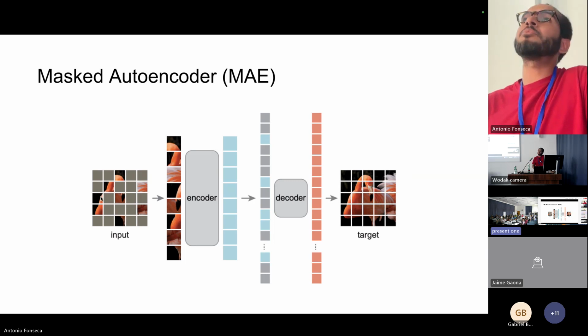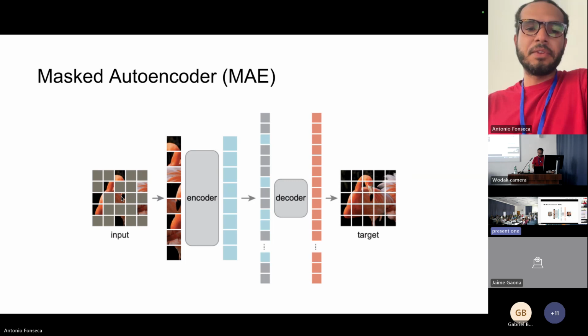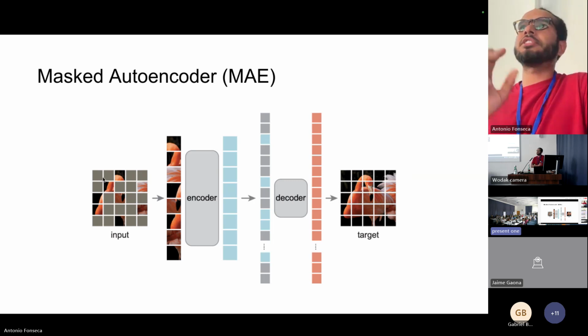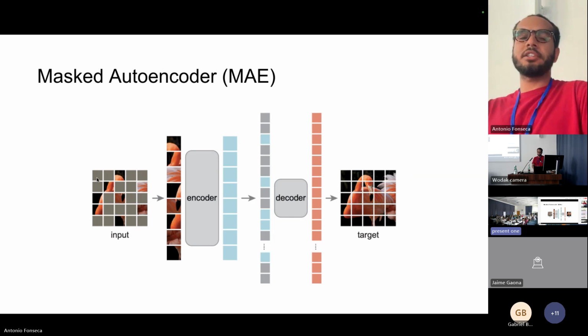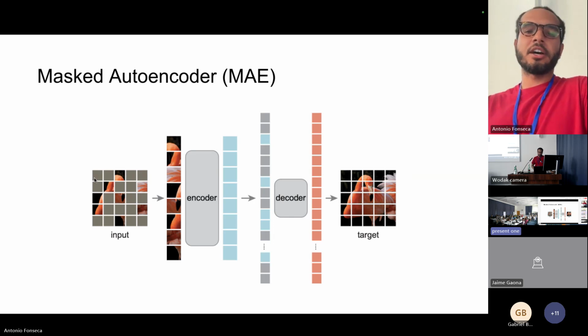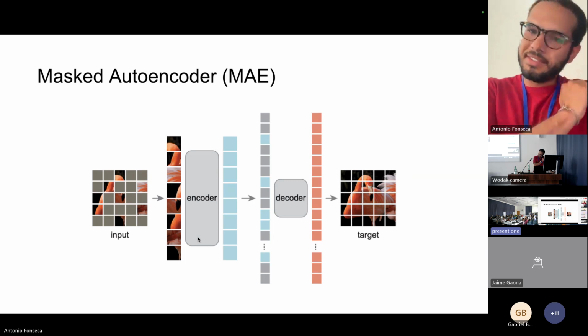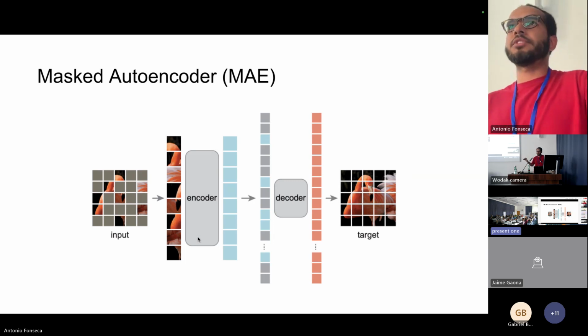So for example, when I'm training this model, the inputs that I provide are just a few very sparsely sampled patches. Everything else is just placeholders, which are represented by these gray blocks over here. The encoder is exactly the same transformer architecture that we discussed before.